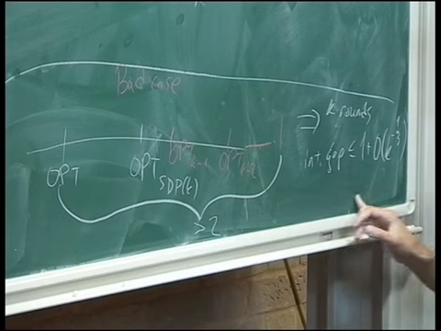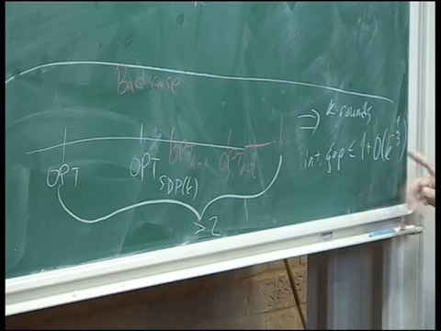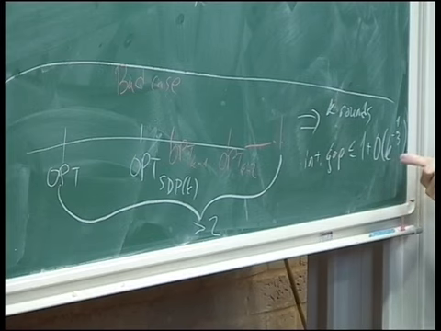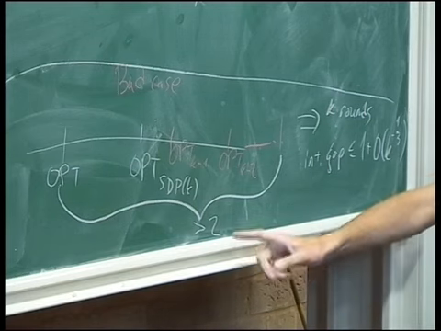I think, I don't want to make any promises because I'm being recorded, but I think the right relationship should be 1 plus order 1 over k. We can get it down to 1 plus order 1 over square root k, right? And it's a very simple, it's a 2-minute explanation.